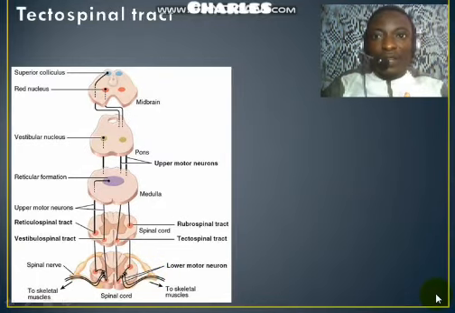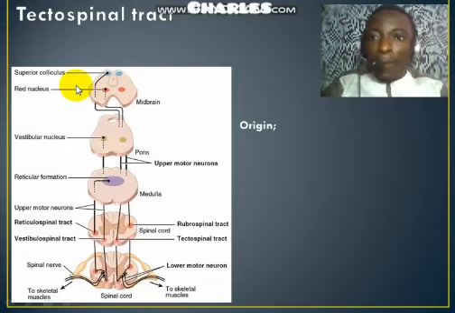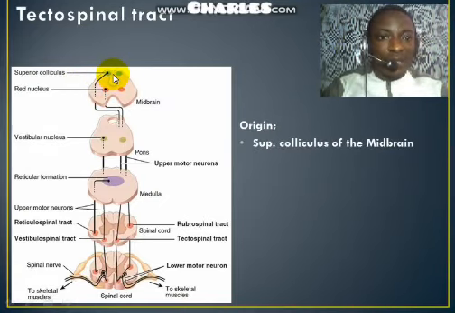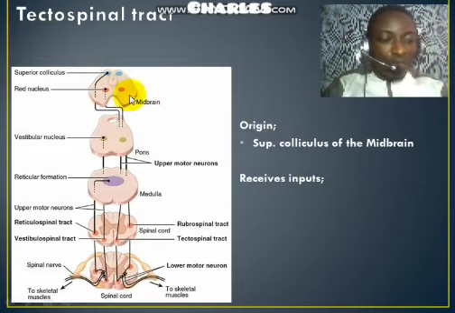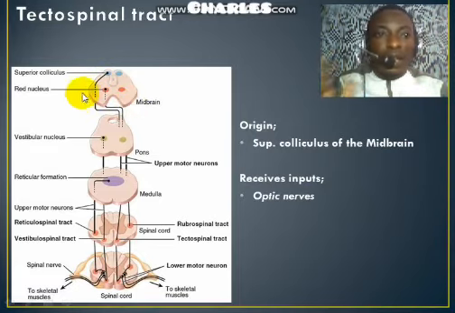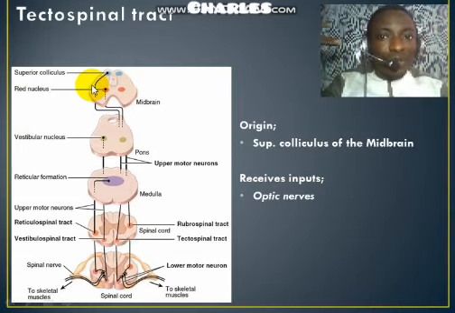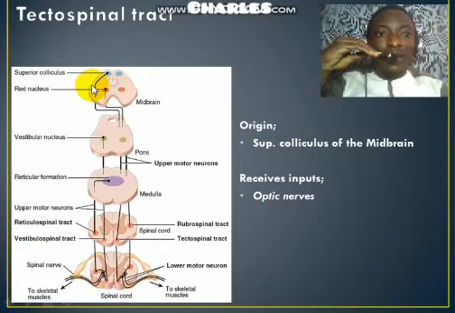Going forward, the tectospinal tract originates from where? The superior and the inferior colliculus, which is located at the midbrain. It receives input from the optic nerves. Now, this tract controls movement of the eye, and it has to do with sensory information and motor commands of the eye.